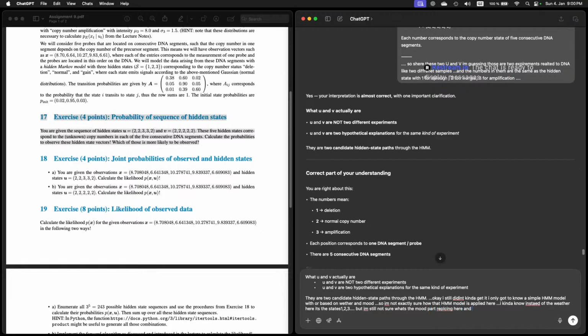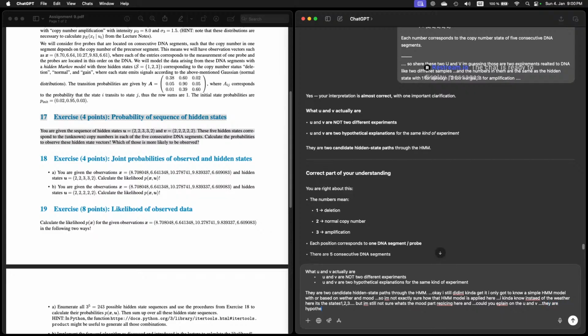And could you explain the U and V? They are hypothetical.